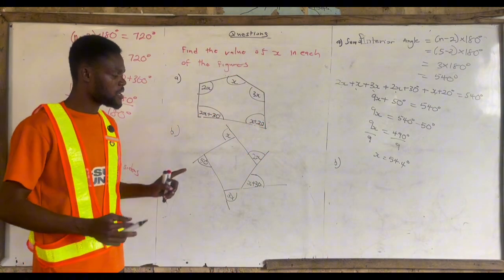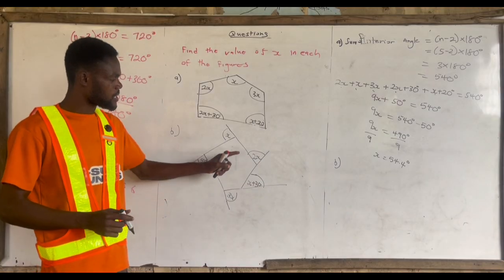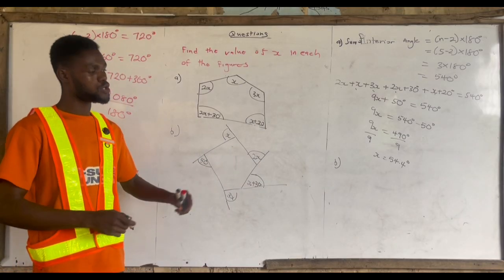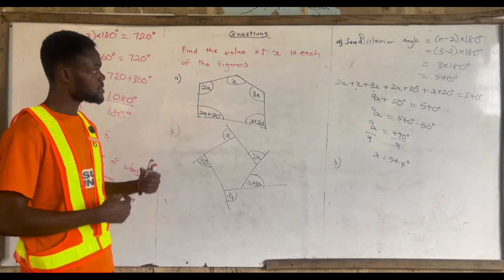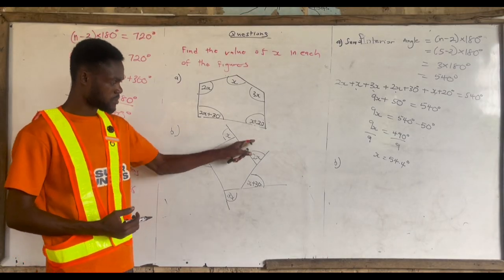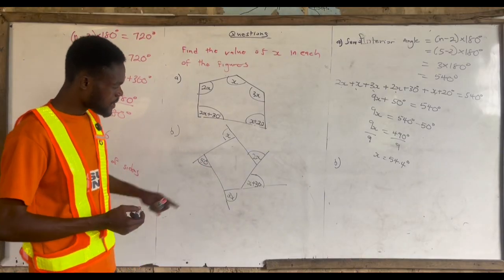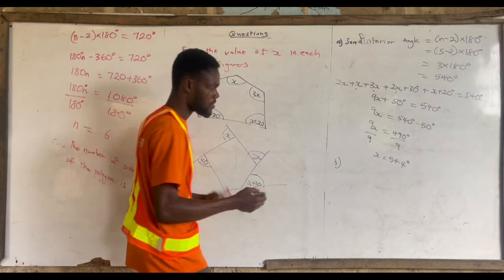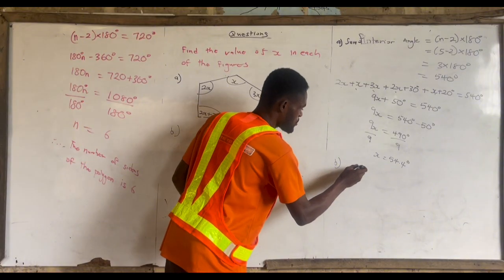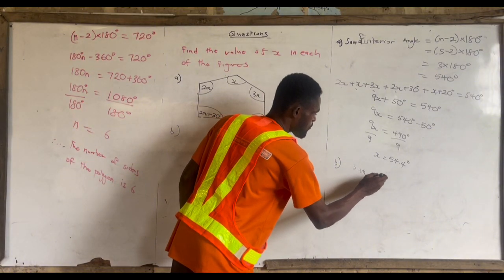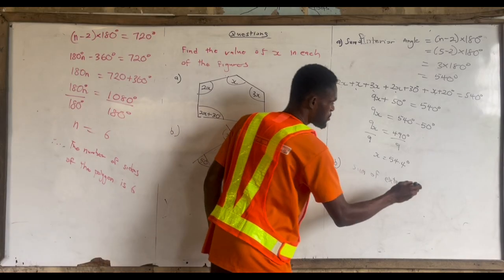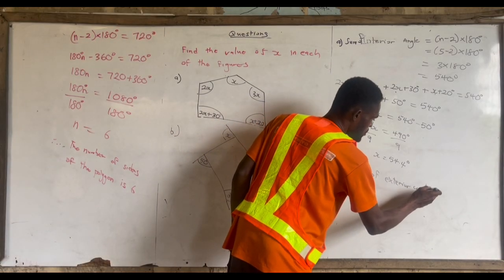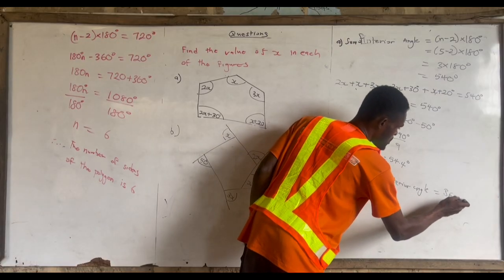For the B, you see, the angles are outside, so it's the exterior angles. If they are outside, then we know the general formula: the sum of exterior angles is equal to 360 degrees.